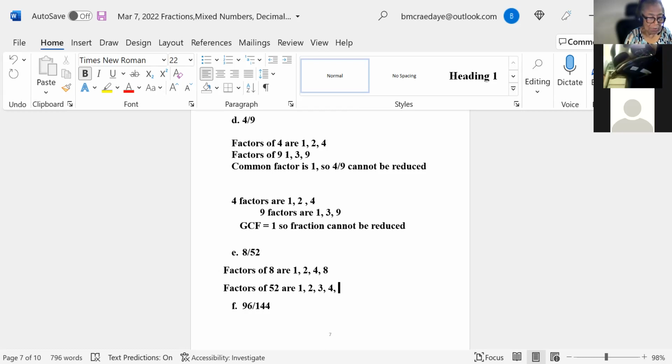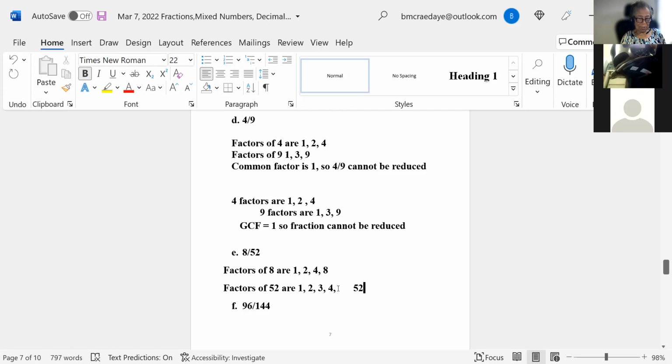What else? 52. We know 52 is one of them because I always put 1 and the number itself. Anything in between? We've got 4.